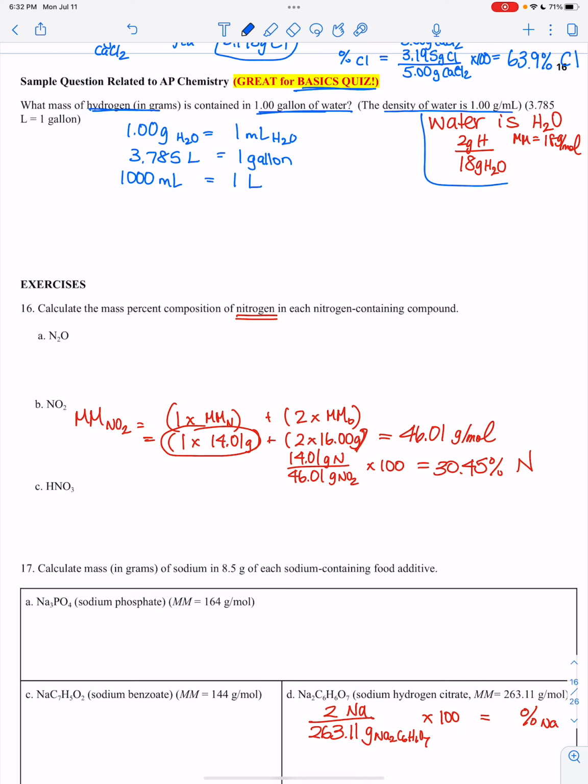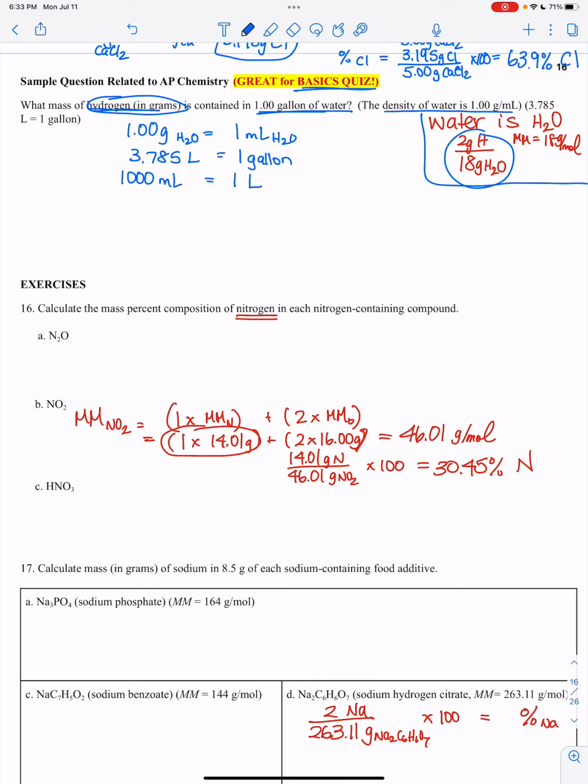I also did a little bit of work on the side here based off of this set of notes. Water is H2O. Its molar mass is 18 grams per mole. I want how much hydrogen is in this compound of water. For every 2 grams of hydrogen, there are 18 grams of H2O, and of course 16 grams oxygen. This is kind of like our percent composition here.